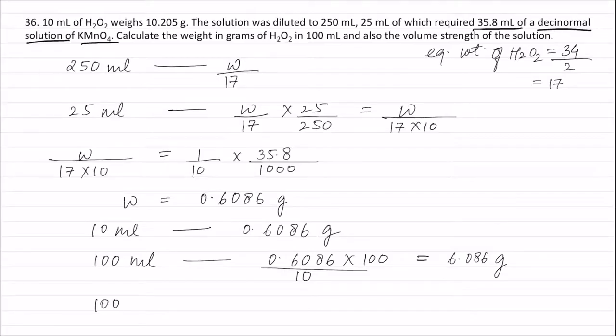Now 100 milliliter of H2O2 contains 6.086 grams of H2O2, or 6.086 divided by 17 equivalents of H2O2. Therefore, 1000 milliliter of H2O2 or 1 liter of H2O2 solution contains 6.086 divided by 17 into 1000 by 100 equivalents of H2O2.